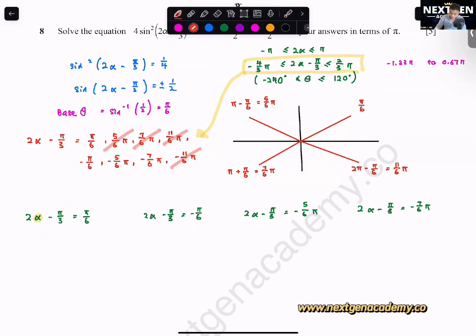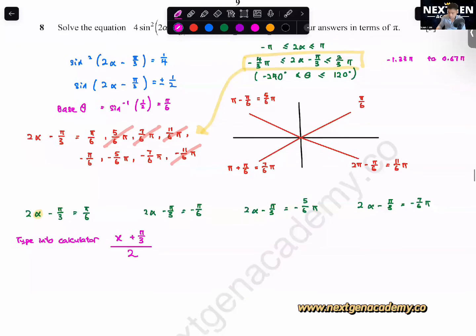So I want you all to type into the calculator x. Remember the CALC method, x plus pi/3 divided by 2. I feel this is the more accurate and easier way. You can slowly move one by one also, but it will take quite some time.